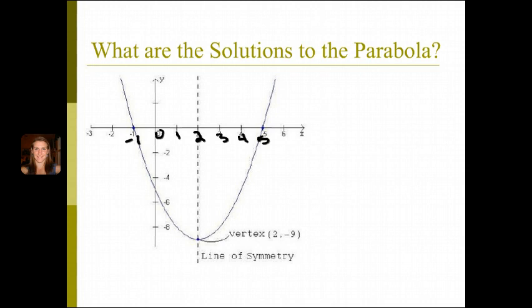So this parabola crosses the x-axis at negative 1 and positive 5. So what you need to do when you're writing this, you would say that x equals negative 1, comma 5. However, do not put these numbers in parentheses because that makes it look like an ordered pair.